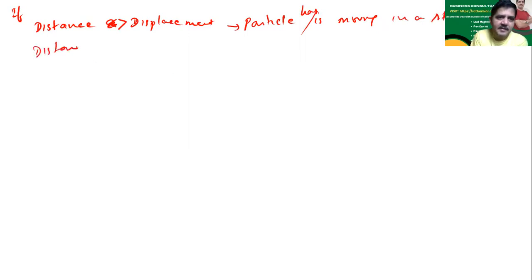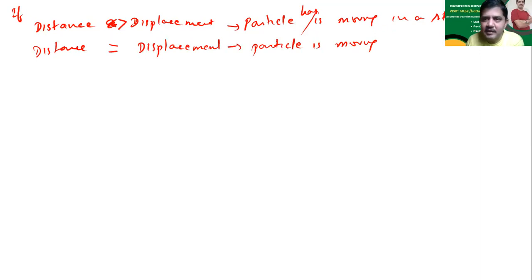If distance is equal to displacement, then the particle is moving in a straight line.